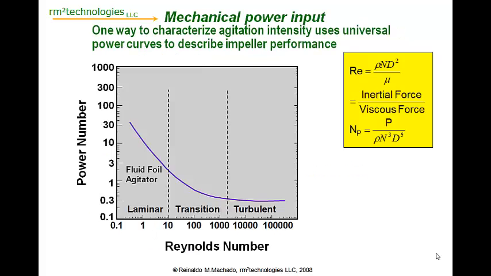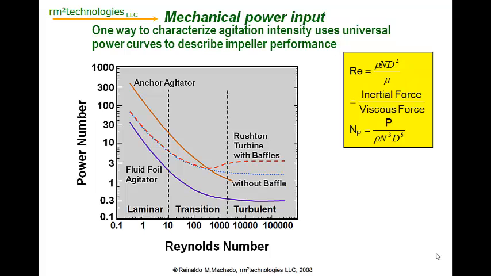Mechanical power input is vital in understanding scale-up processes. Fortunately, agitators can follow a universal curve. That universal curve is given by the power number versus the Reynolds number. The power number is the mechanical power input to the fluid by the impeller divided by the liquid density, the rotation rate cubed, and the diameter of the impeller to the fifth.